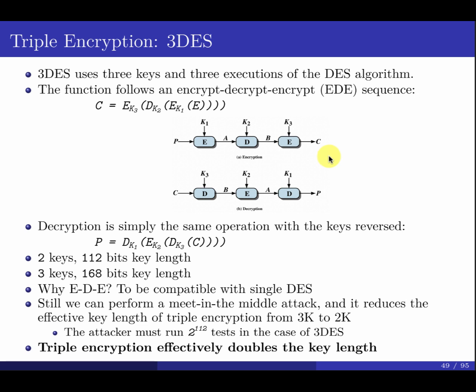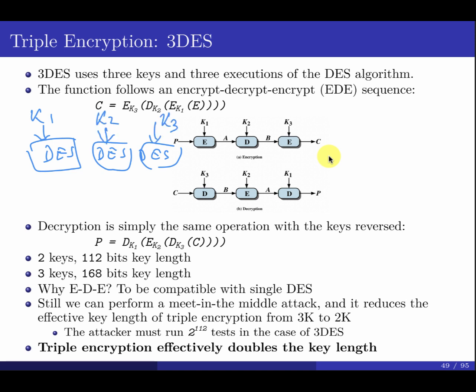Since we have DES, when you perform the DES scheme, usually you perform encryption or decryption, right? I'm going to use 3 keys, each of them 56 bits.